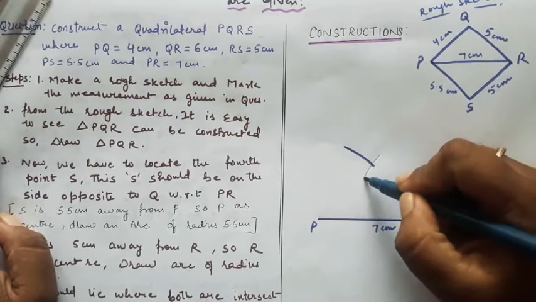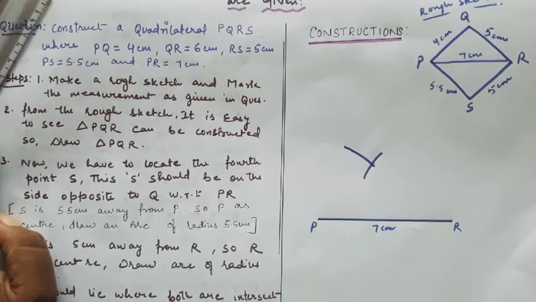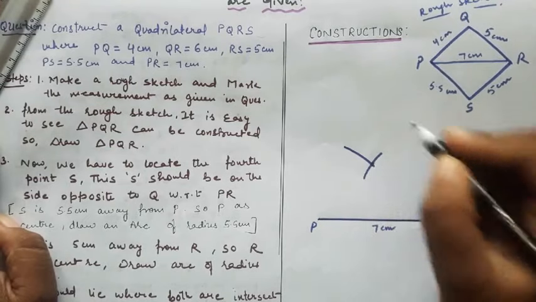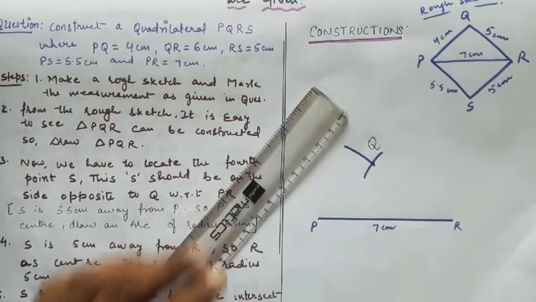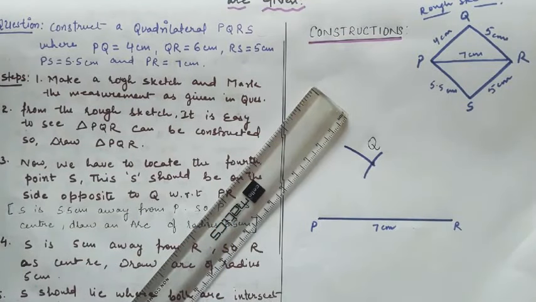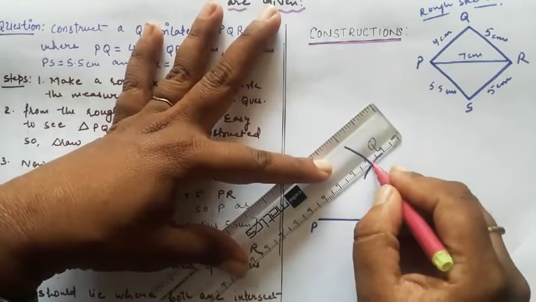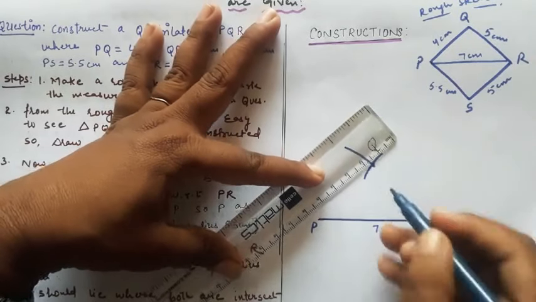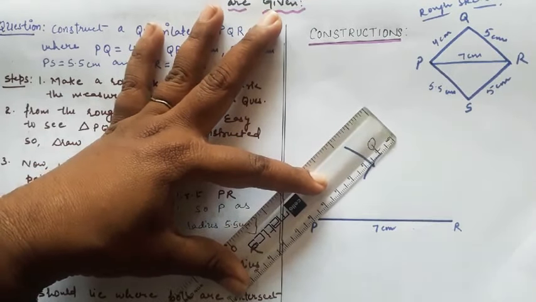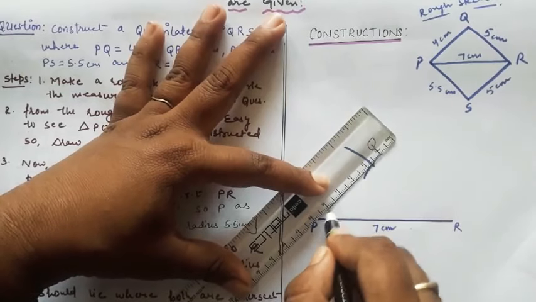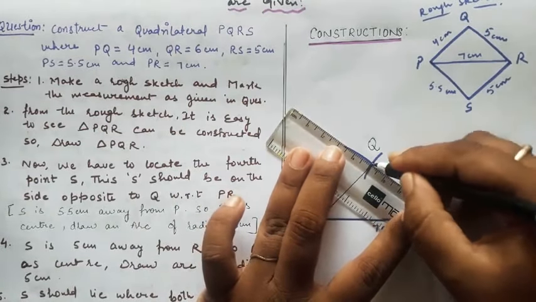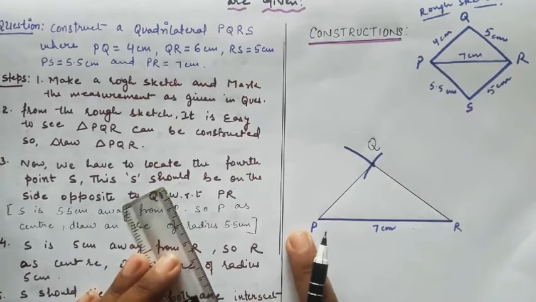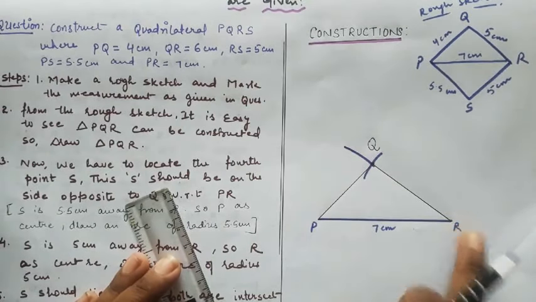See, now I could get one intersecting point that I can mark as Q. Now what you need to do is you have to join these 2 points to make the triangle, that is P, Q and R.